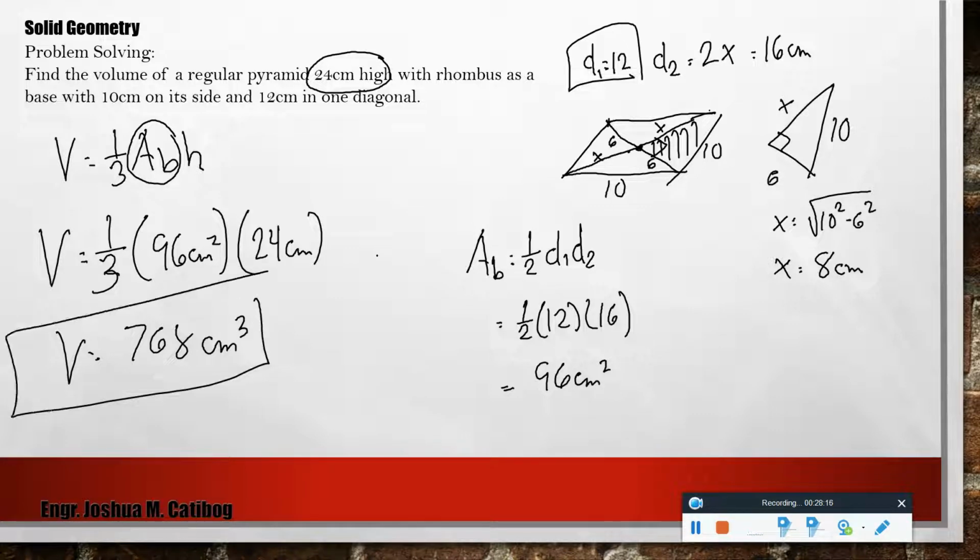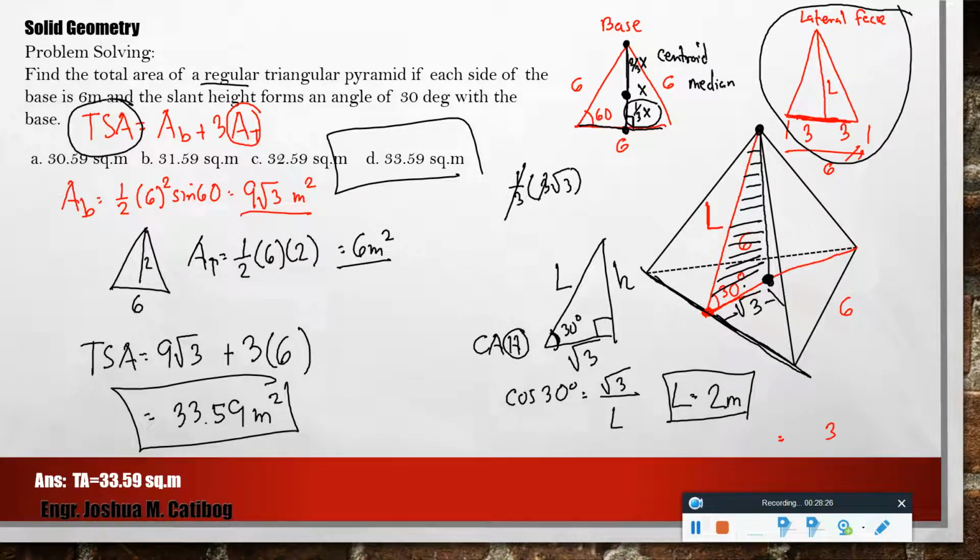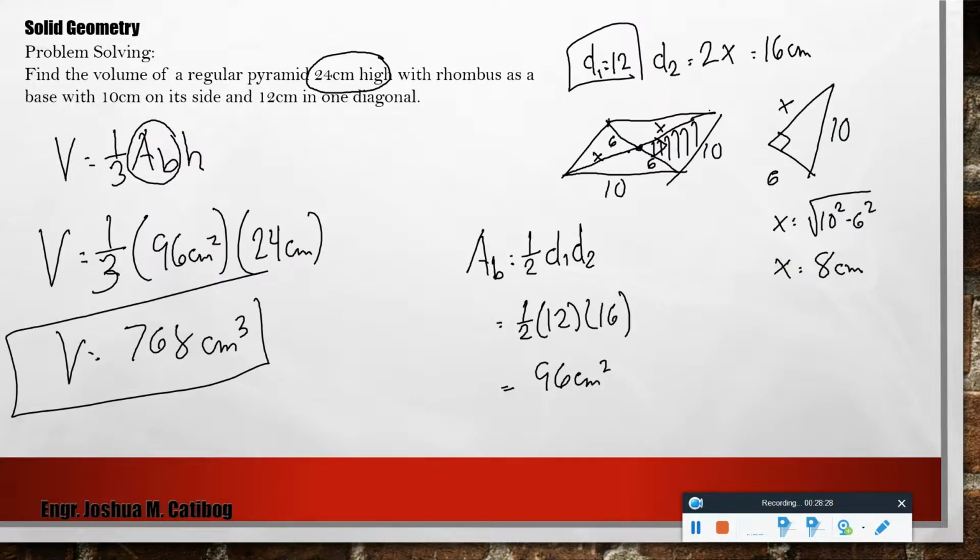Actually guys, like I said, when we are dealing with volumes, it is not that hard to find. The problem really is if you are asked to find the total surface area again. Because you need to find the slant height, you are going to form a certain triangle, and so on and so forth. So, please feel free to ask me if you have a question regarding our pyramids.